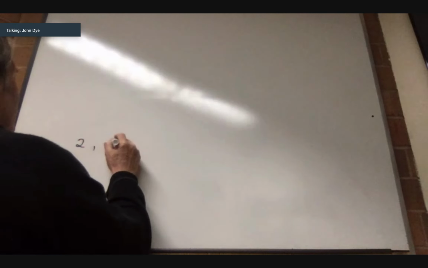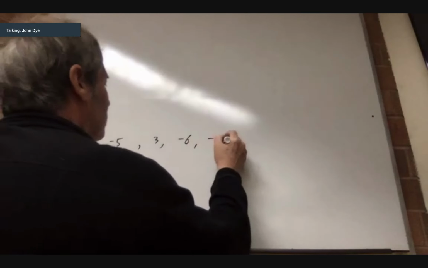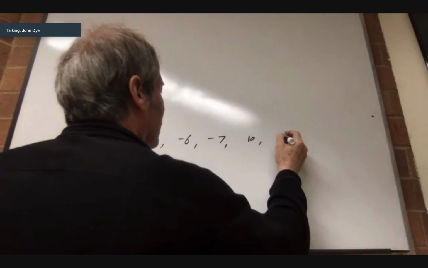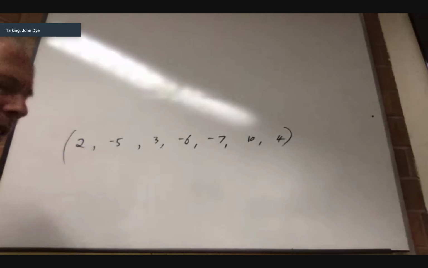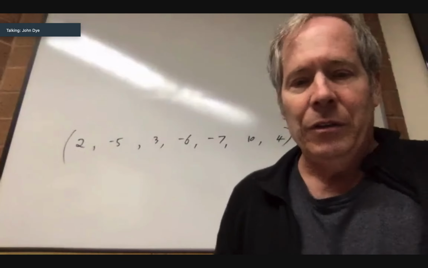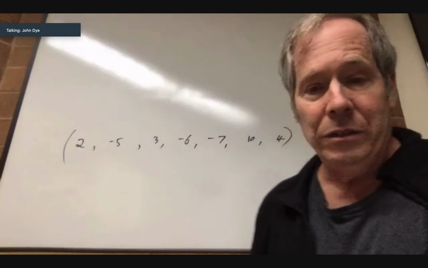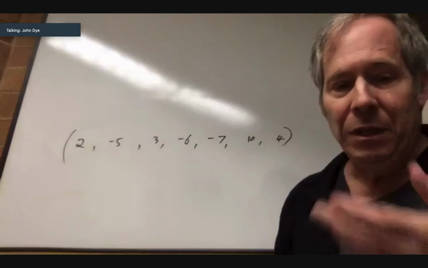So let me just give you: 2, -5, 3, -6, -7, 10, and 4, say. If this is your sequence, what is the longest increasing subsequence? There might be more than one, but how long is it?